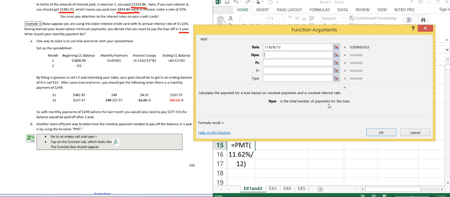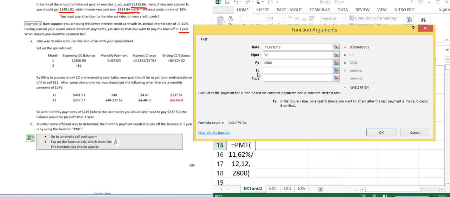Nper, total number of payments in the loan. In this example, I want us paid off in 1 year, that's just 12 monthly payments. Now, the PV, present value: the total amount that I owe on this credit card, this loan, which is $2,800. And the other two we're going to leave blank.